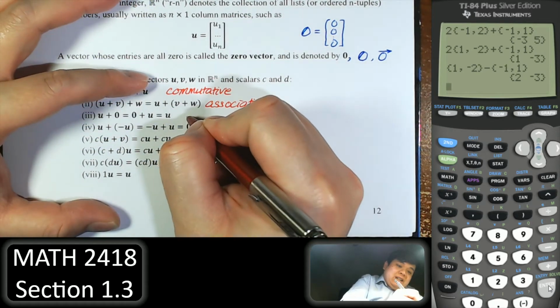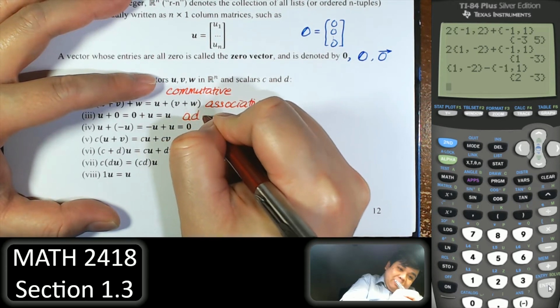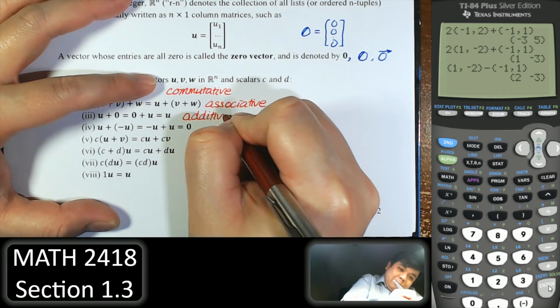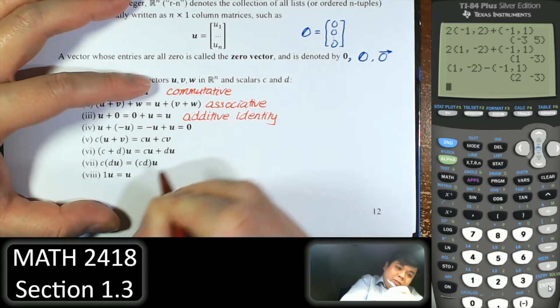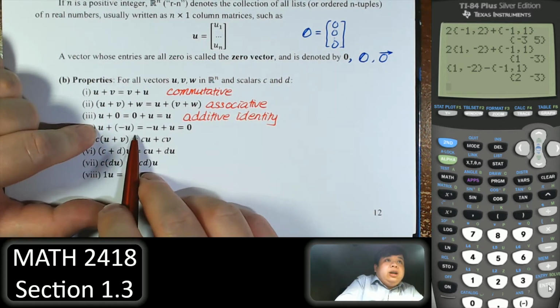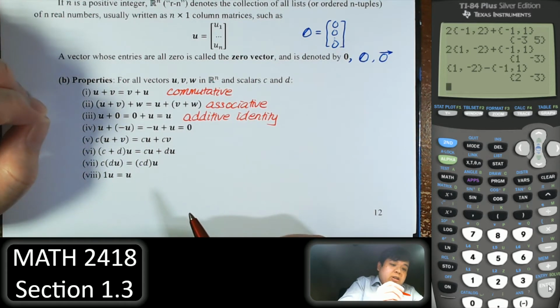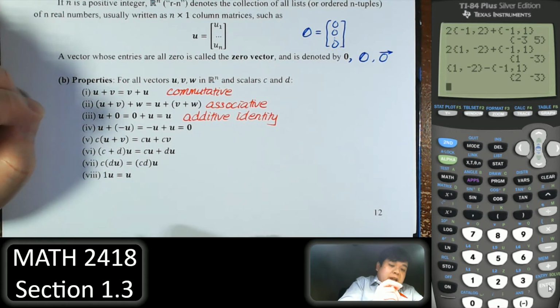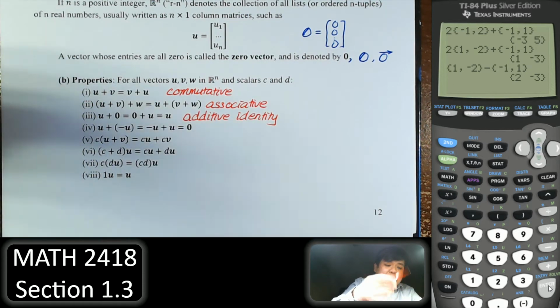So this is the additive identity. u plus the negative of vector u is equal to the zero vector. This is called additive inverse, but I don't want to use inverse, since that might be confused with something else.